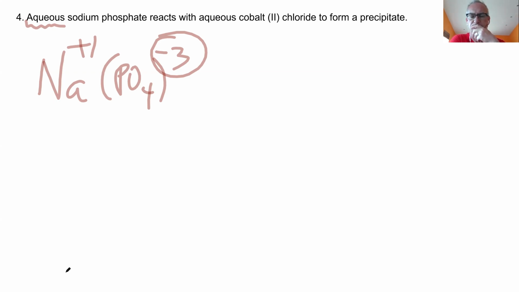In an ionic compound, you need to have a balance because it's a compound. It's not an ion. It's an ionic compound. And so a compound has to have no net charge.